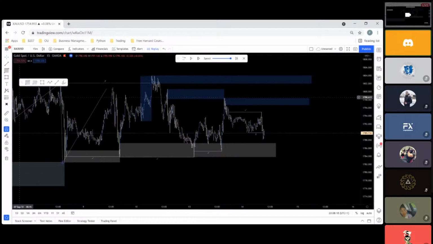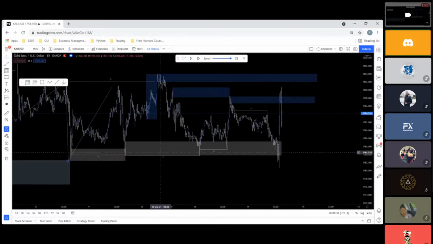And actually, if you look here, you've got a really nice trend line. So maybe you've got retail buying into this, going crazy. Everyone's going bullish. So I'll let price run here, see what happens.